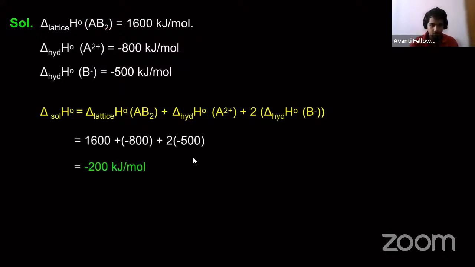Now substitute the values directly: 1600 plus minus 800 plus 2 into minus 500. That gives you minus 200 kilojoules per mole. Now tell me whether it is soluble or not. As delta H solution is exothermic, that means the crystal is soluble in the solvent.